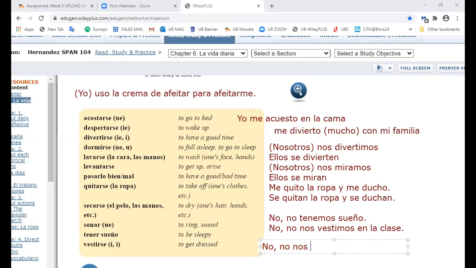The other persons, but not nosotros. Dormimos. I was not going to figure that out. Dormimos. The ending amos, imos, emos. Oh yeah, that's right.